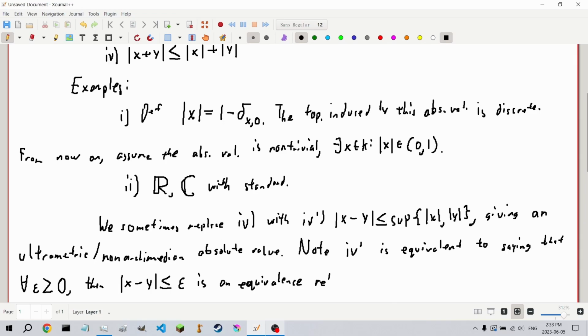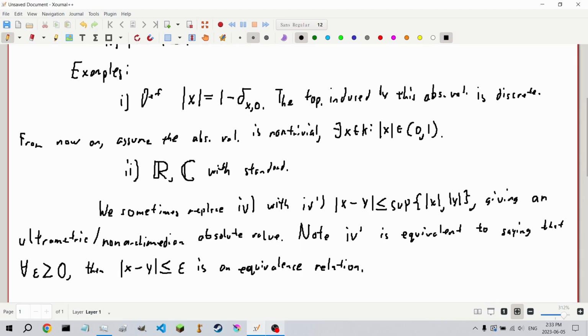The way this is weird to think about is, if you have items x and y which are at most epsilon apart, and a third element z that's at most epsilon apart from one of them, then it's going to be at most epsilon away from everything else in here, and more than epsilon away from everything outside.